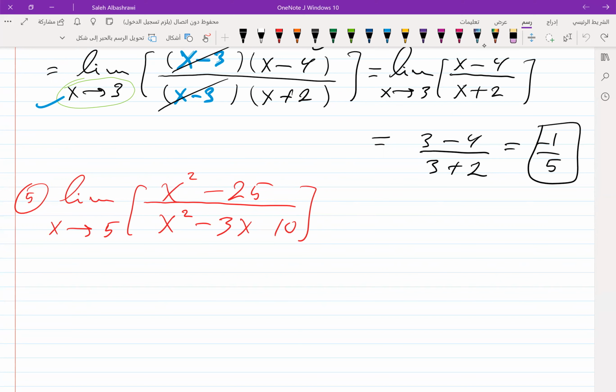So this should be minus 10, not a plus. X squared minus 25 divided by x squared minus 3x minus 10.